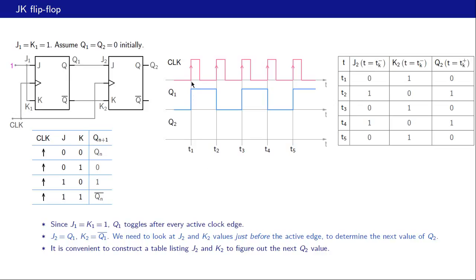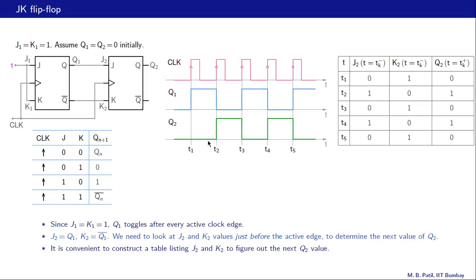T1 minus is the time just before that edge. And for that, we have J2, which is the same as Q1, equal to 0, and K2, which is the same as Q1 bar, equal to 1. Since J2 is 0 and K2 is 1, Q2 is going to be 0, and since it is already 0 to begin with, we are not going to see any change like that.